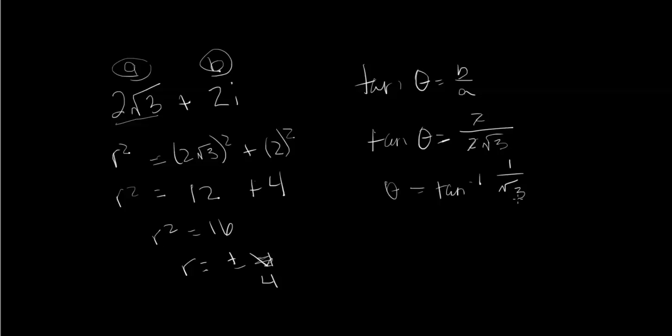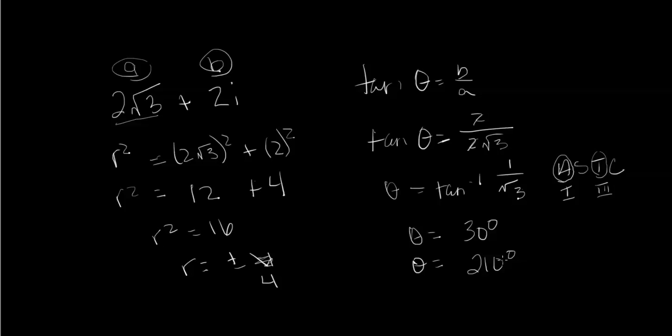This is a positive number, 1 over square root of 3. Since it's positive and it's tangent, I know that we're talking about first quadrant and third quadrant. So 1 over square root of 3, first quadrant, theta would equal 30 degrees. And in third quadrant, 1 over square root of 3, theta would equal 210 degrees.